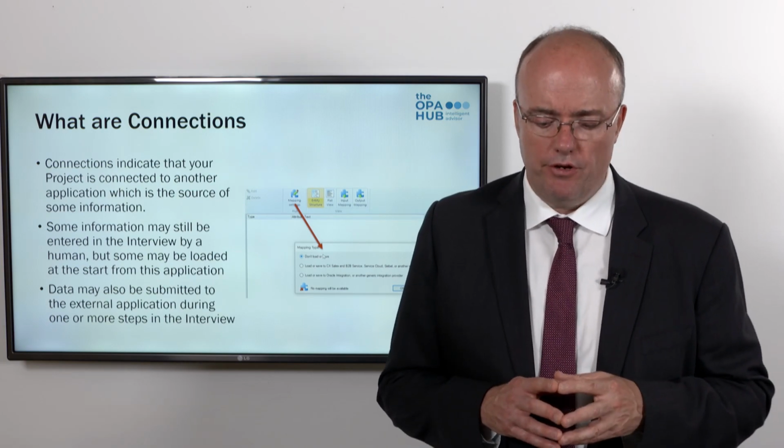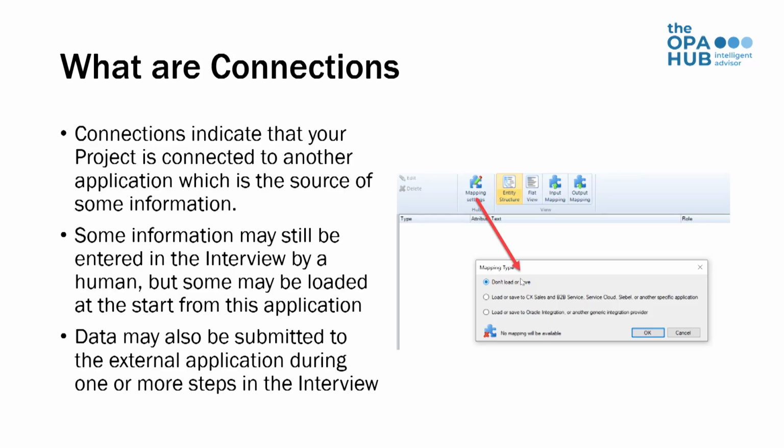Notice the screenshot. The screenshot is from the Data tab of Oracle Policy Modeling, and I'm going to go there in a minute. It basically says, what would you like to do? The default option, which you can see right here, is there is no connection. Then there are 2 choices here, choice A and choice B, I'm going to call them. We're going to focus on choice A in this chapter because connections are the second radio button.